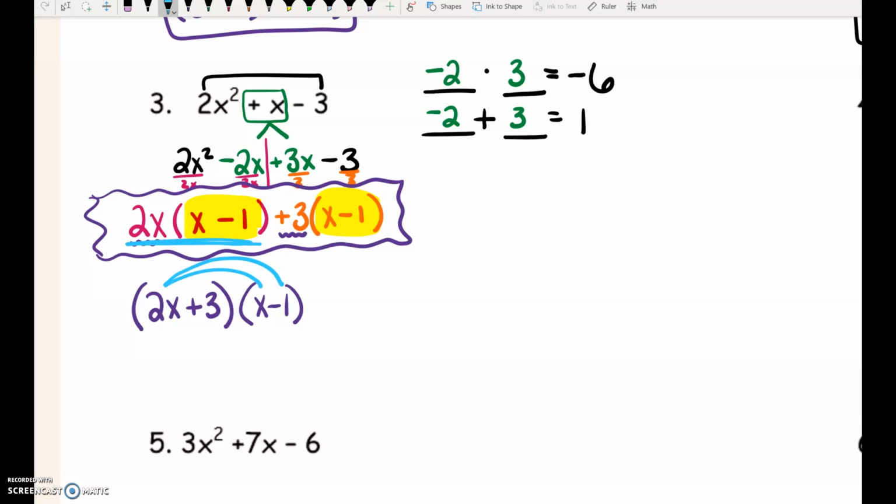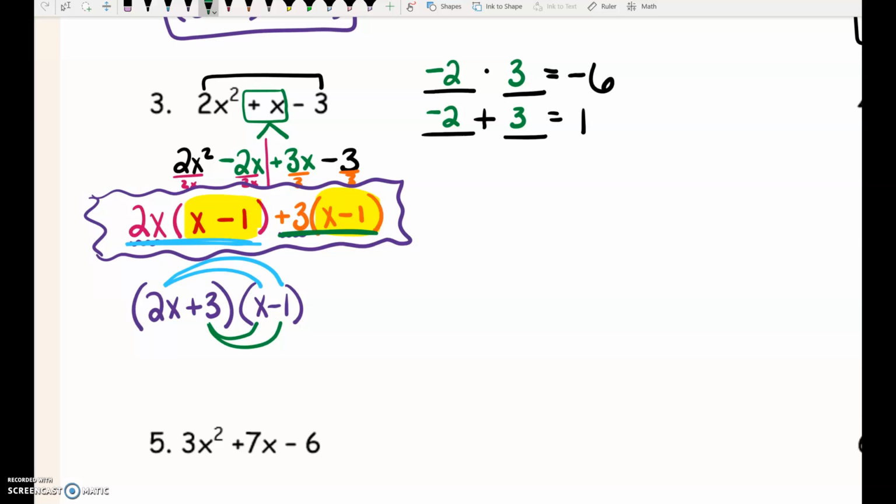That's what's written right here. Then you would do 3 times x and 3 times negative 1. That's what's written right here. So that squiggled step, that is the distributive property fully written out. And our last step is just to collapse that distributive property back down into two sets of parentheses.